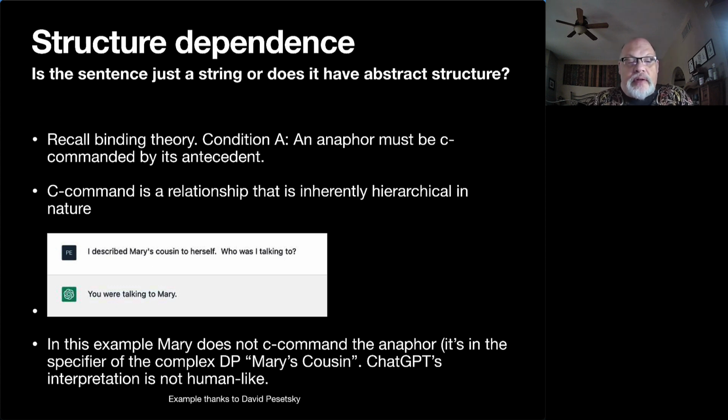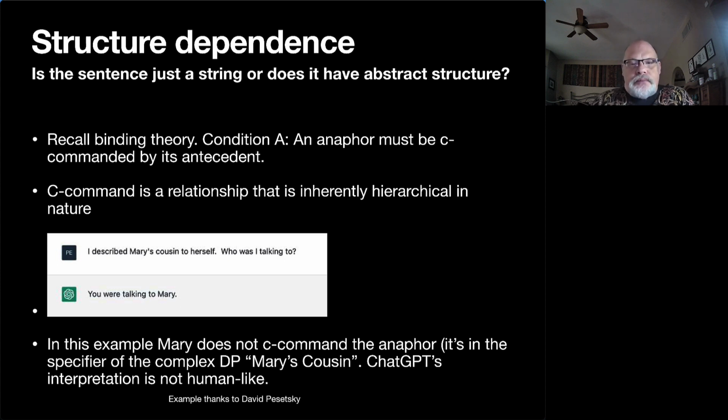Now notice what ChatGPT's response to this is. It responds incorrectly, you were talking to Mary. This is not an answer that a native speaker of North American English would ever give. This sentence clearly refers to describing the cousin to the cousin, not to Mary.